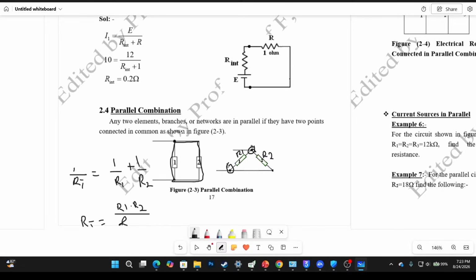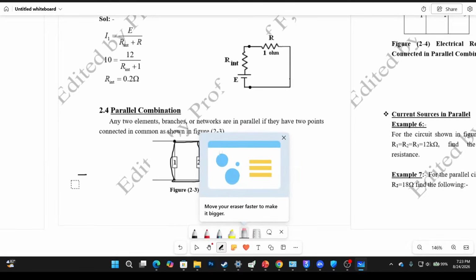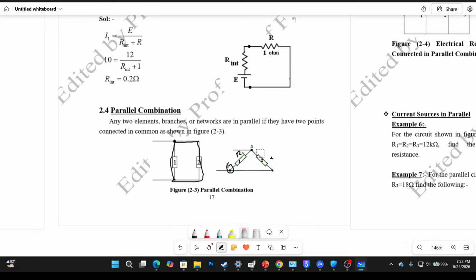Let's work on some figures. Imagine we have our R1 to be 4 ohms and our R2 to be 6 ohms.